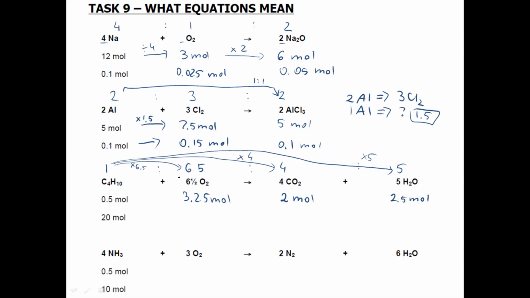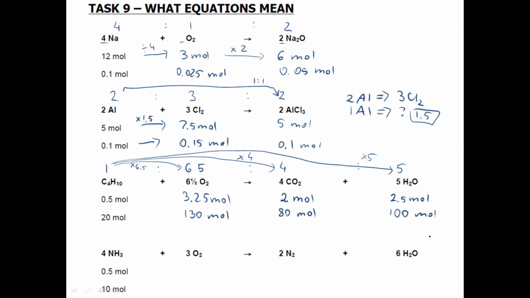So 20 times 6.5 is going to be 130 mole. If you're in doubt, use your calculator. And 20 times 4 is 80 mole. And 20 times 5 is 100 mole.